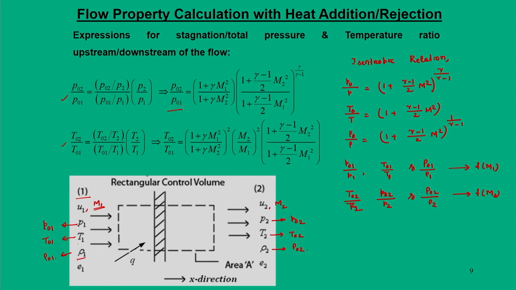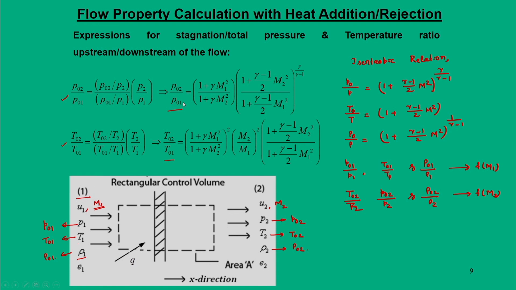In a similar manner one can evaluate the stagnation property ratio T naught 2 by T naught 1, and they are expressed as functions of both M1 and M2. So, this is how we are going to evaluate the stagnation properties.